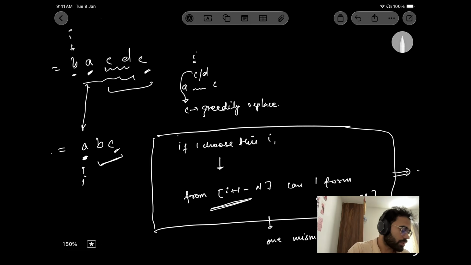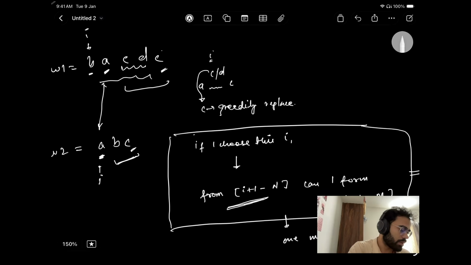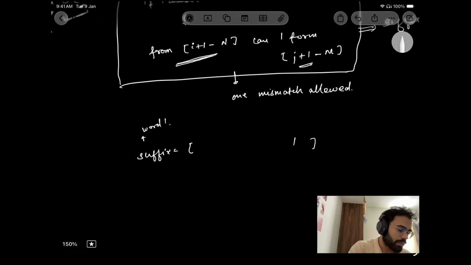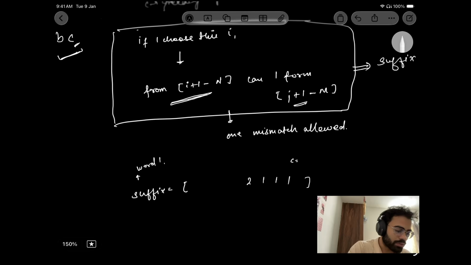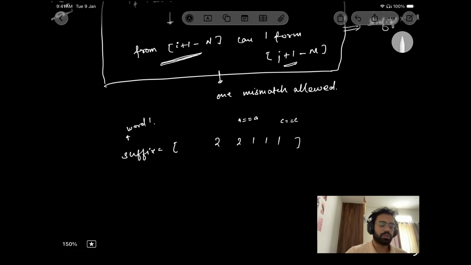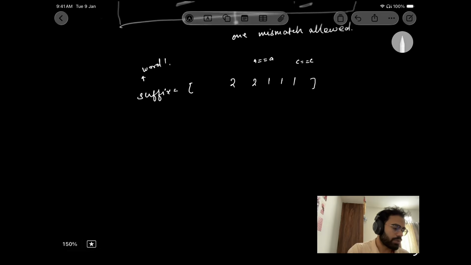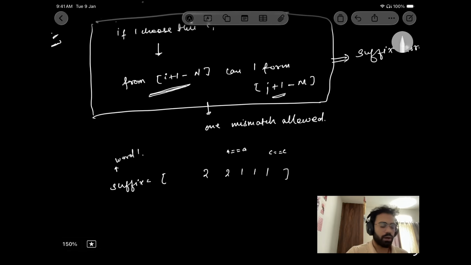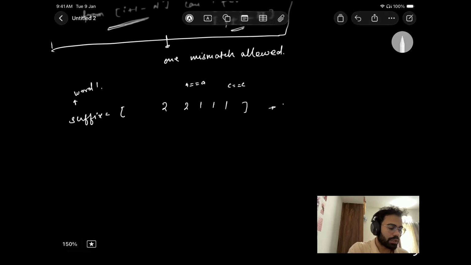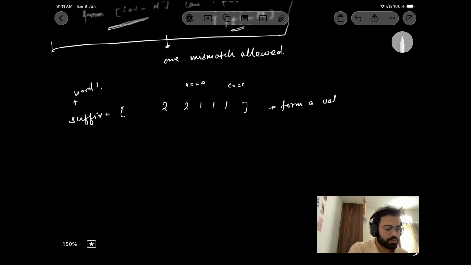Now C matches 1, so 1, 1, 2. At this place C equals C, at this place A equals A, and this will also be 2. So this is my suffix array. Now we have the answer: on the right side, how many are present? Now we have to form a valid sequence from it.